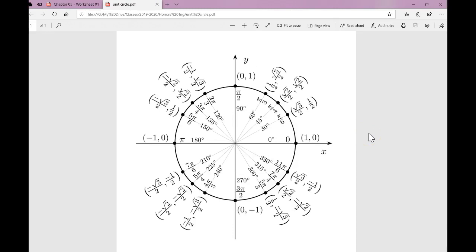So which coordinate on the unit circle is sine? The y coordinate. So where do we see that sine is equal to 1/2? Pi over 6 and 5 pi over 6. Are those it? Okay.